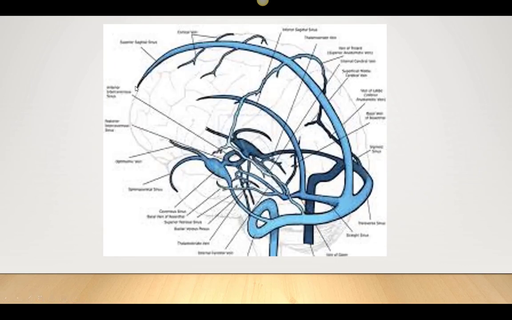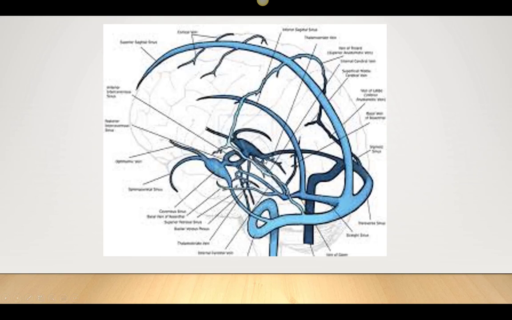And now, again, another good view: superior sagittal sinus, inferior sagittal sinus, straight sinus, the two transverse sinuses here. The occipital sinus hasn't been shown here, just to simplify the picture. Then you see the sigmoid sinus on each side passing through the jugular foramen, which hasn't been shown, then becoming the internal jugular vein.